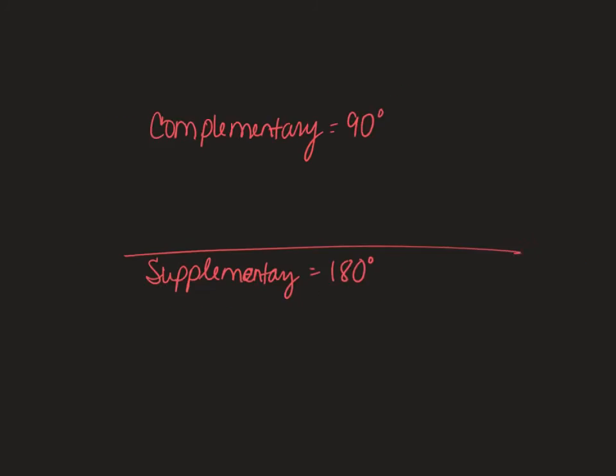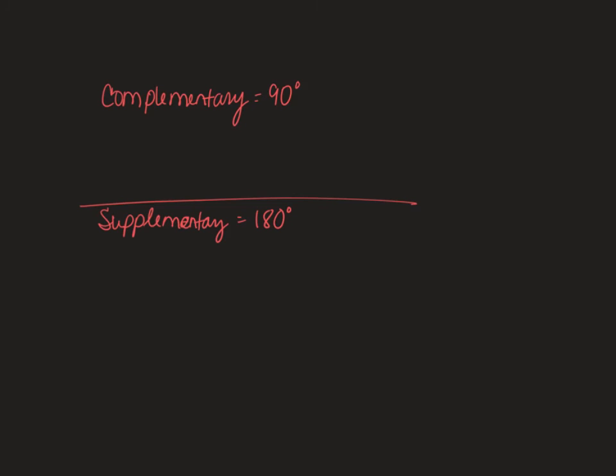Now, let's just say that I know that angle X equals 75 degrees, but I want to find out what the other angle measures. How would I do that? Well, if I know that it's a complementary angle and it measures 90 degrees, then I'm going to take 90 degrees and subtract what I know, which is 75.